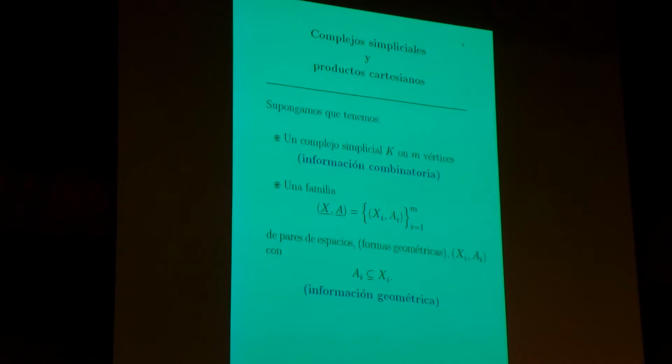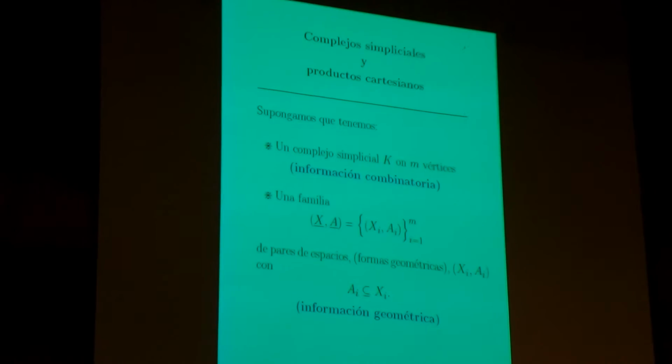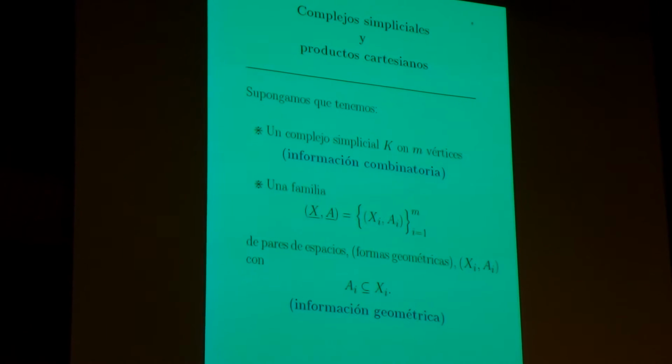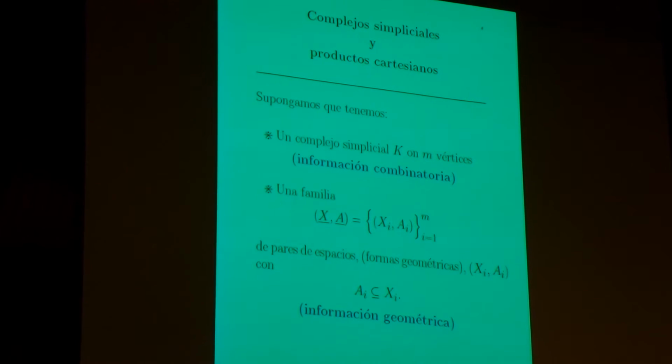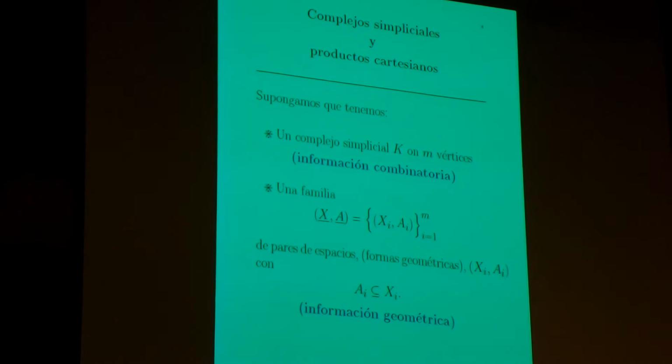And now I wish to make something geometric which combines combinatorial information with geometric information. The combinatorial information comes from the simplicial complex. The geometric information comes from a family.